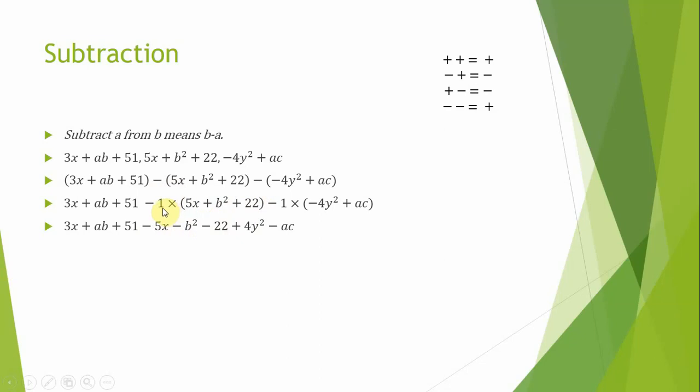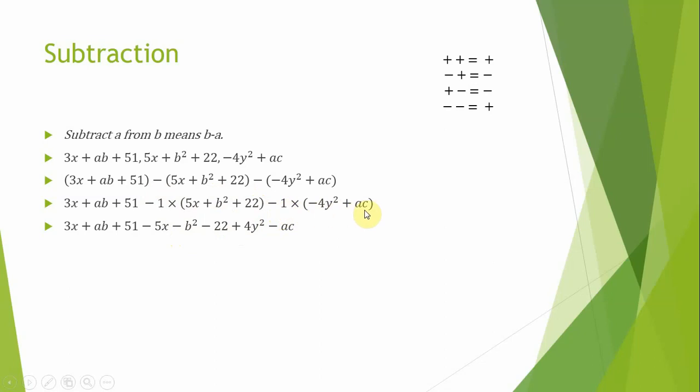So this would be minus 1 into 5x, minus 1 plus b square, and minus 1 plus 22. So minus 1 into b square gives us minus b squared. Minus 1 into 22 gives us minus 22.